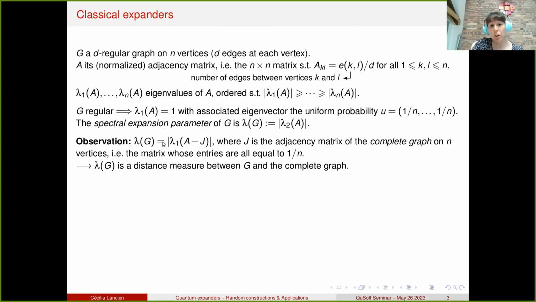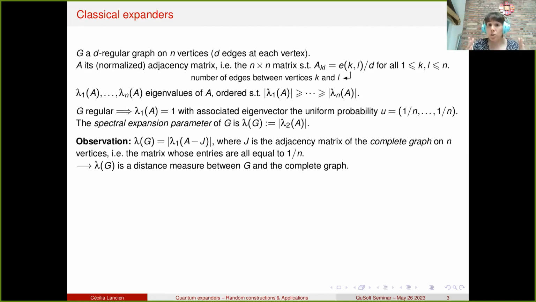This is because this parameter lambda of G, you can actually see as being the largest eigenvalue of our adjacency matrix A minus the adjacency matrix associated to this complete graph that I denoted by J, which is the matrix that has all entries equal to 1 over n.